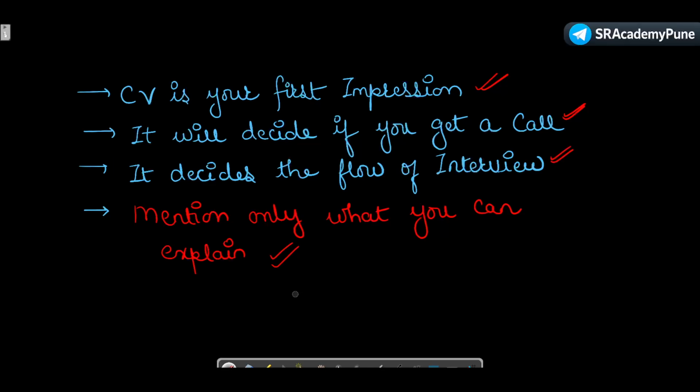This in turn creates a bad impression on the interviewer. The interview panel won't have confidence in your abilities. So only mention what you can explain end to end with 100% confidence, even though you have done 10 to 15 things in your company. It might be the case that you have forgotten certain things you have done in the past, so make sure you mention only what you can explain.